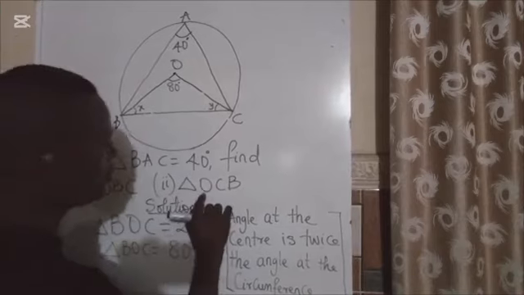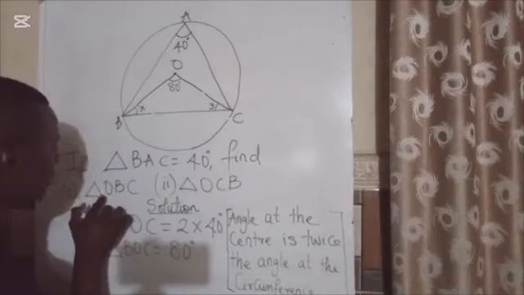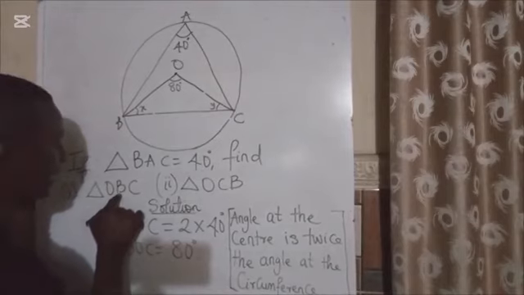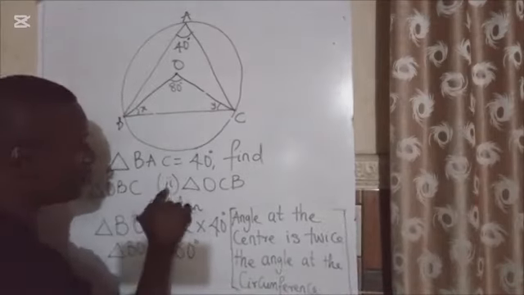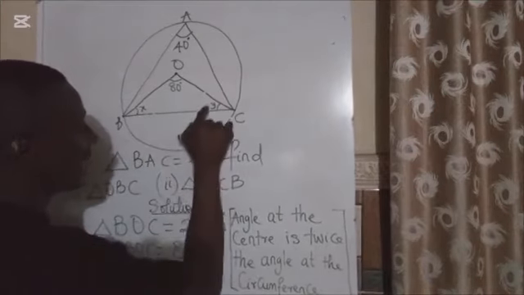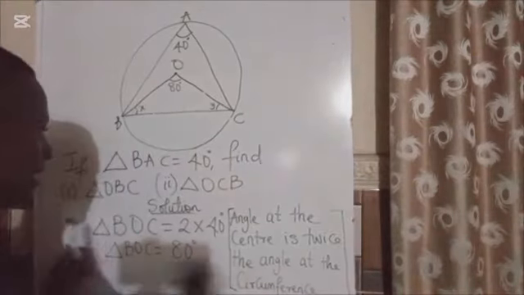So the angle is not at O, neither is the angle at B. Here, the angle is not at O, neither is the angle at C. The angle for question 1 is in B, and the angle for question 2 is in C. That is why you see me put X here and Y there. Okay, we can clean this side.